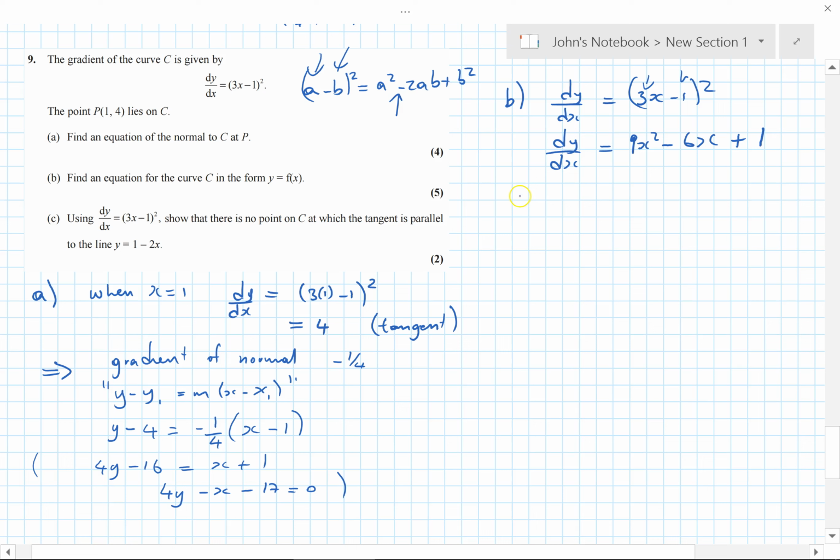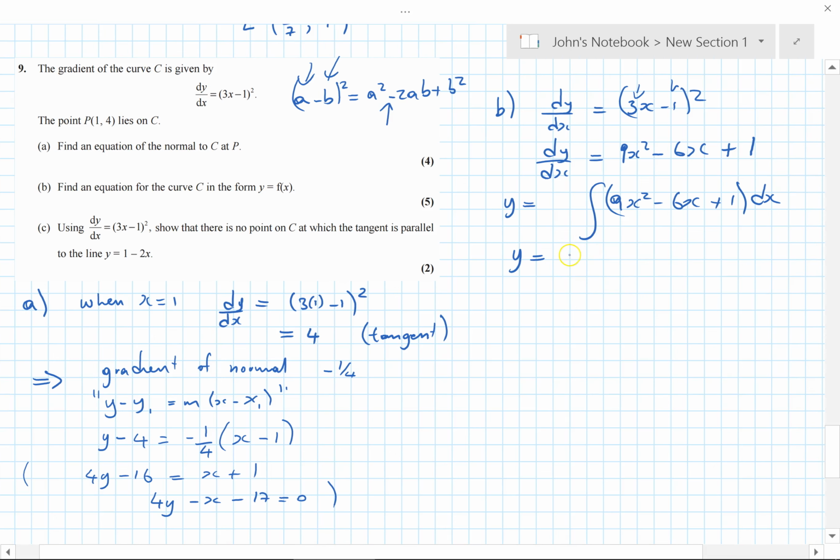So now y, we're going to get y by integrating 9x squared minus 6x plus 1 dx. So we get y equals 9, that's going to be 3, so it's going to be 3x cubed minus, now here we're going to add 1 to the power, so that's x squared, divide by that number, 3x squared plus x plus c.